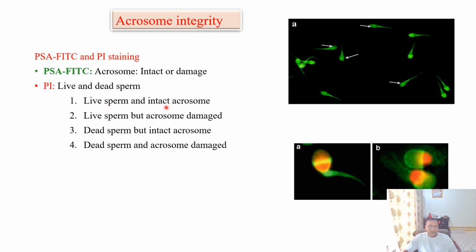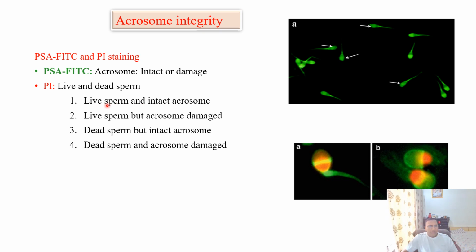Live sperm having intact acrosome; live sperm but their acrosome is damaged; dead sperm but their acrosome is intact; dead sperm and acrosome also damaged. So our interest is live sperm and intact acrosome, meaning the acrosome should be intact and the sperm should be live. This is useful. So we will estimate this live sperm with intact acrosome.